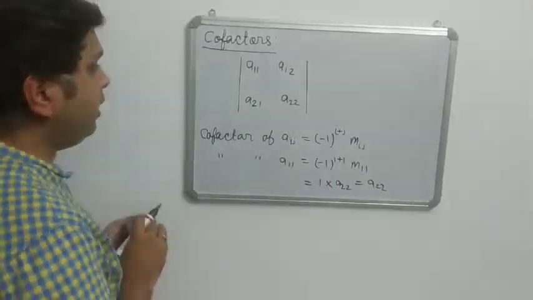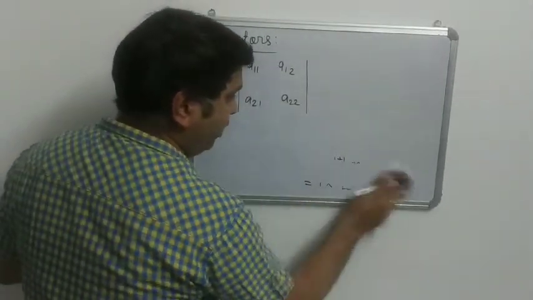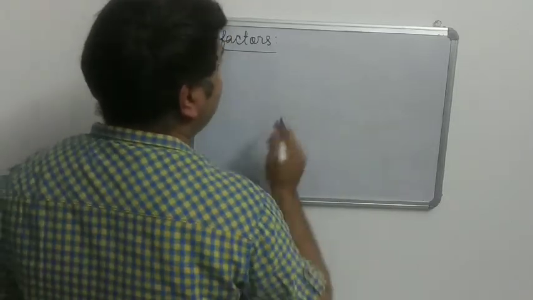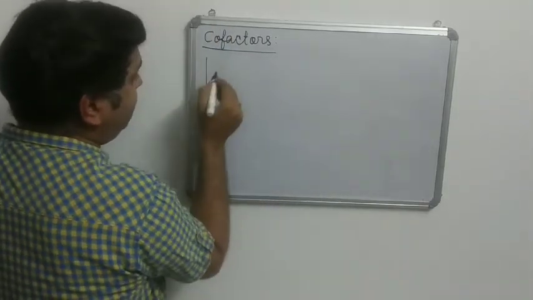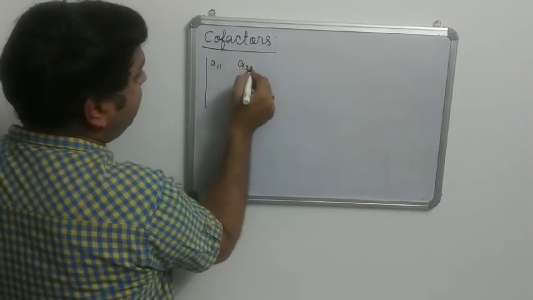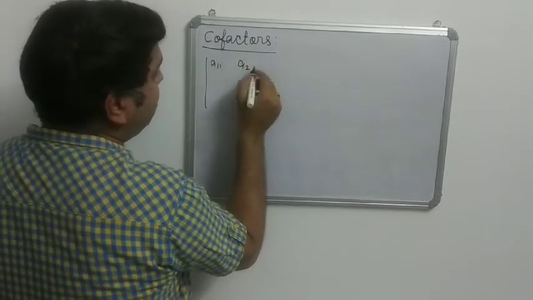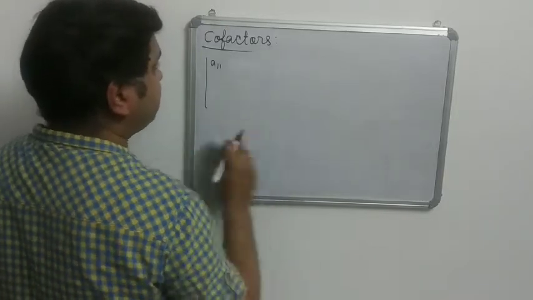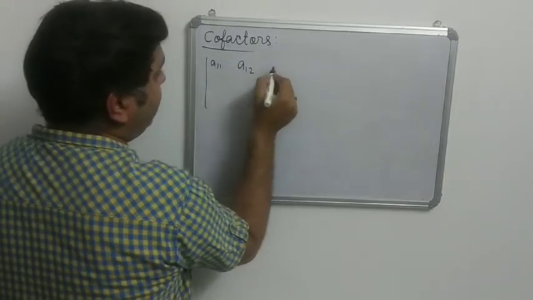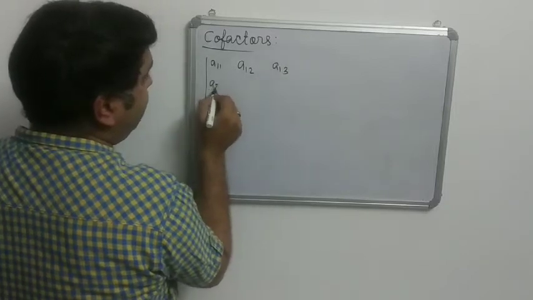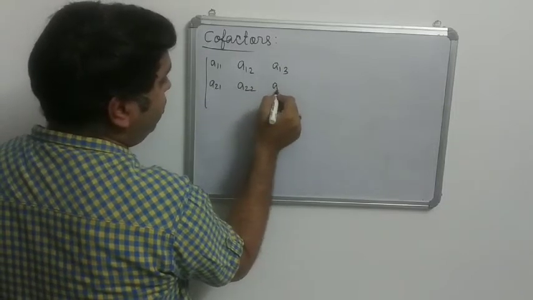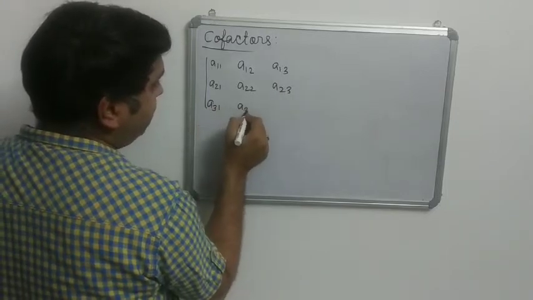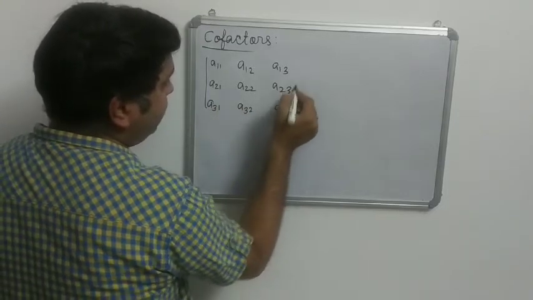Similarly we will see the cofactors in a third order determinant. So we have the determinant A11, A12, A13, A21, A22, A23, A31, A32, A33.